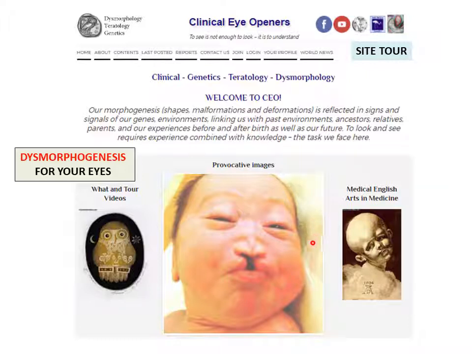When we look at the shape of things in humans, very often we find signs that we know are beyond the normal range, and if there are multiple of these signs, we call them the developmental syndrome X, Y, or Z. Abnormal signs of morphogenesis is the field of dysmorphogenesis.